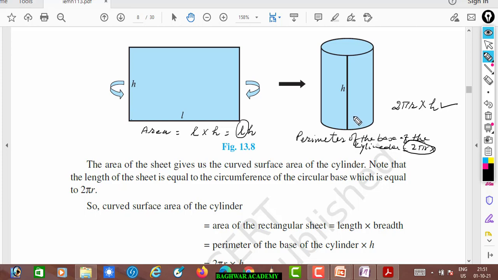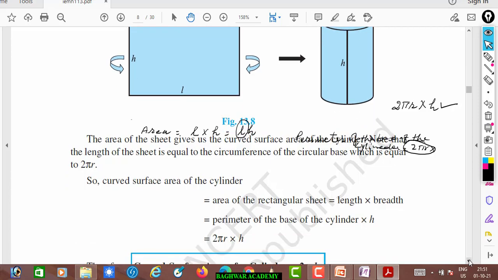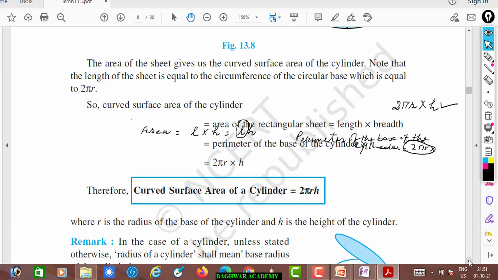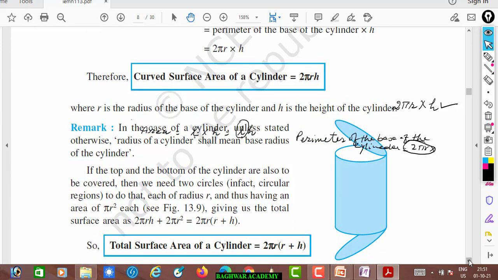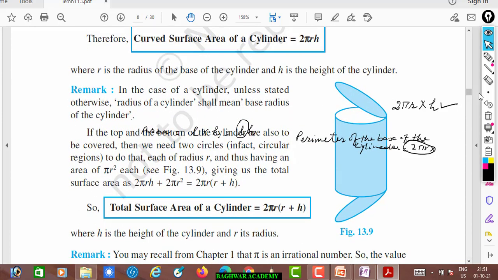Again, now you see, if you want to find out the total surface area of the same cylinder, how will we find it out? This formula is required to be remembered: curved surface area of a cylinder is 2 pi r h. Now if you want to find out the total surface area of the cylinder, what will you do?